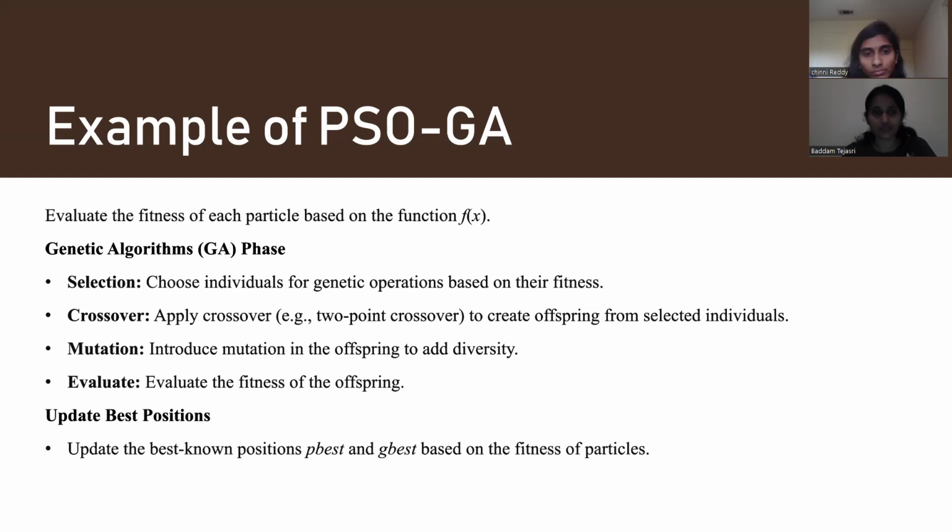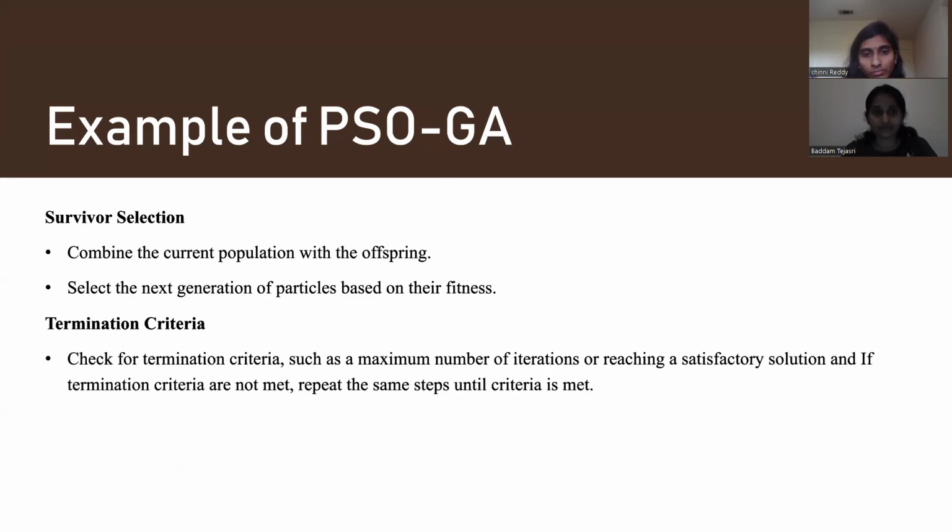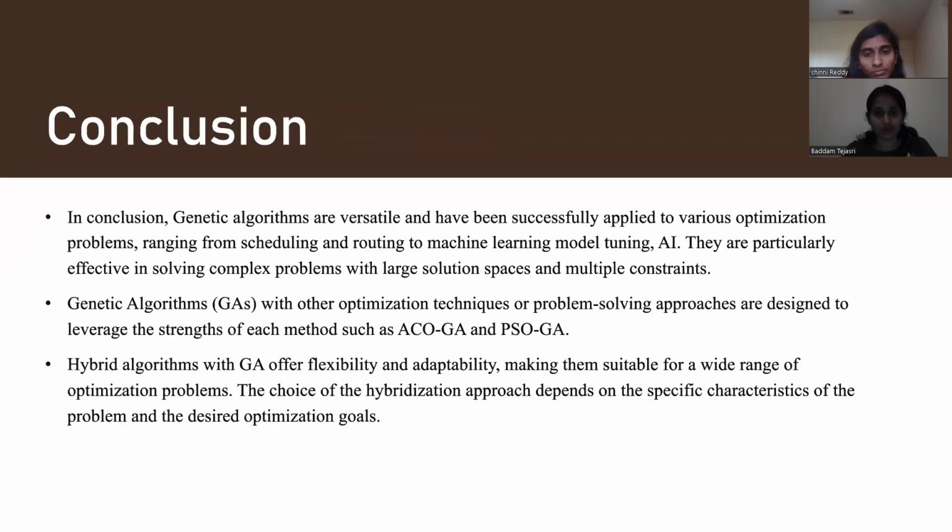In the selection process, we pick the particles with the best fitness values, and then we apply crossover and mutation to produce offspring. Again we calculate the fitness for the newly generated offspring, and we replace the existing population with it. Then we continue the same process until the maximum number of iterations is reached, or until a particular criterion is met. Then we return the optimal solution.